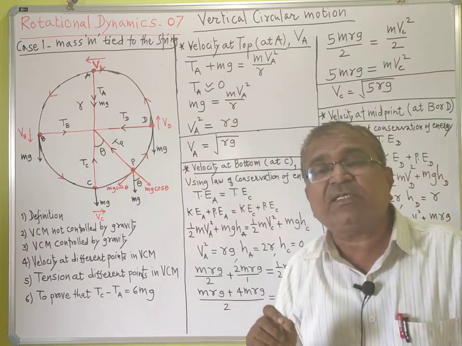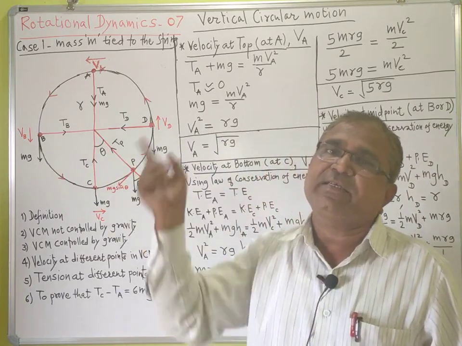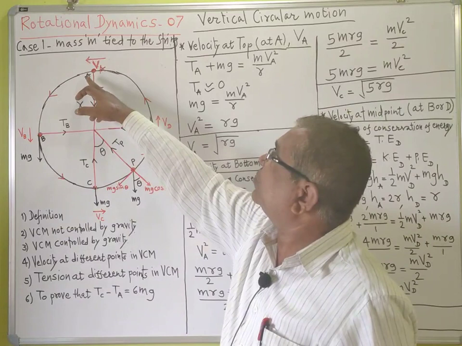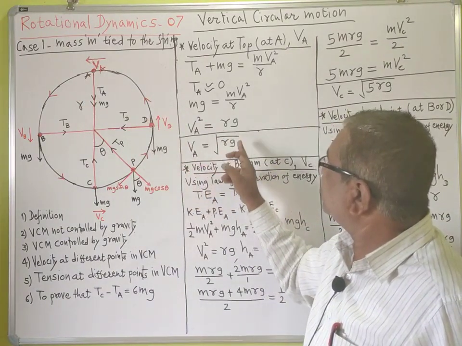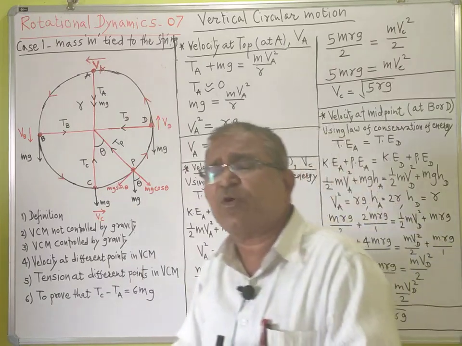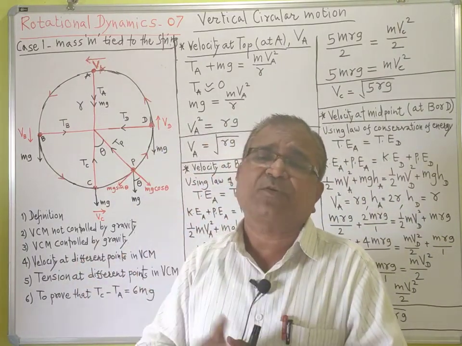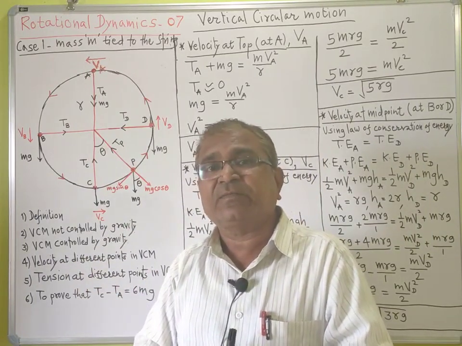So this is the velocity of the particle at the top position. The top position I have denoted by A. So Va is equal to square root of Rg. Remember this formula. Write this formula many times.